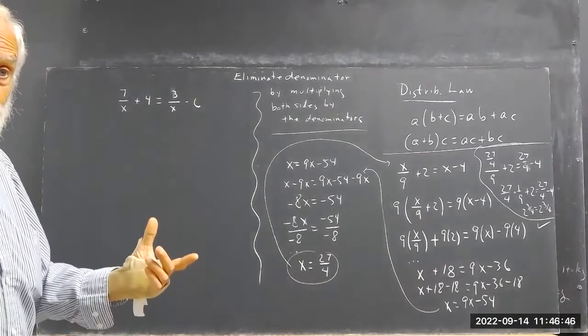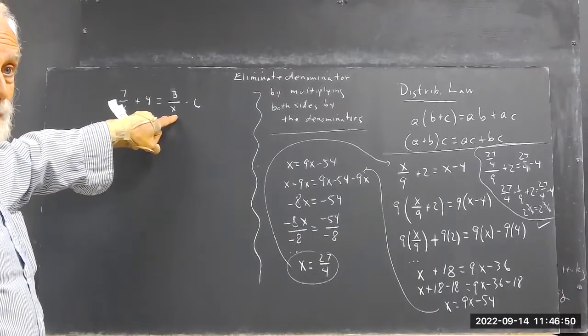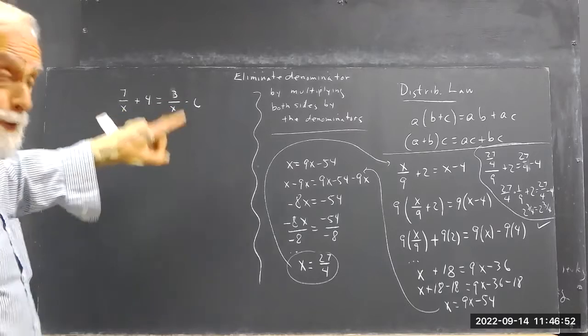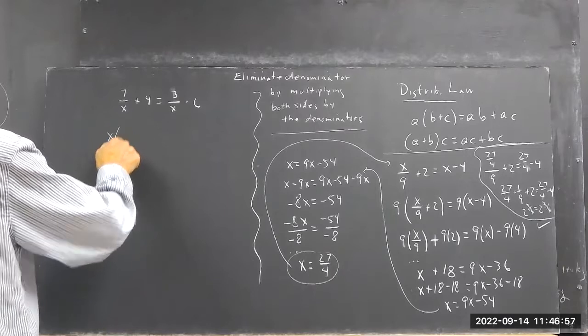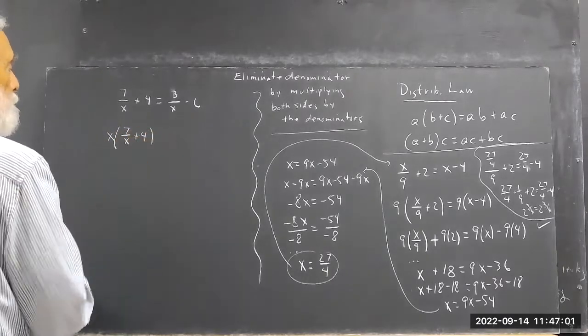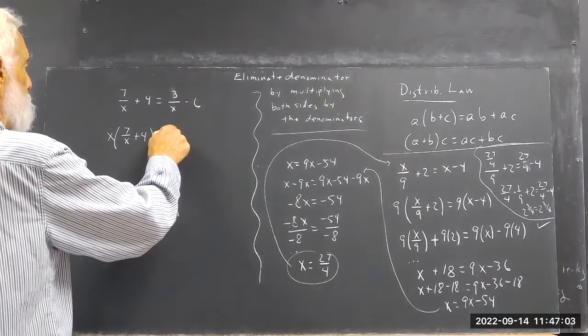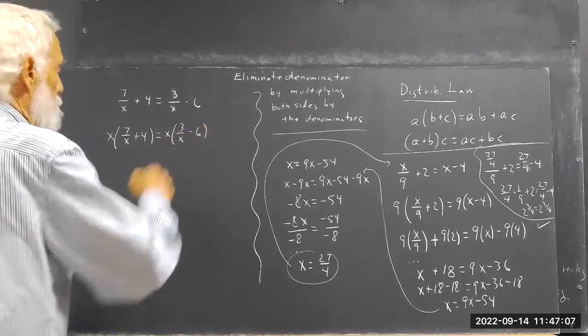It's x. Right there it is in the denominator. Both. It's twice, which is convenient. So we have x multiplied by 7 over x plus 4 equals x multiplied by 3 over x minus 6.